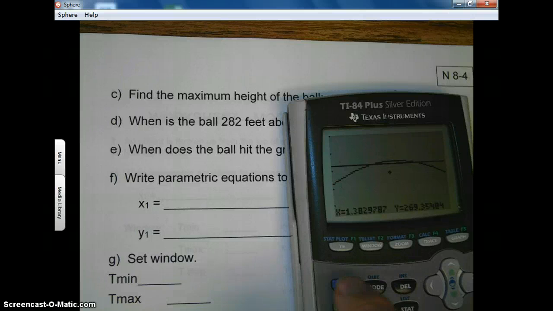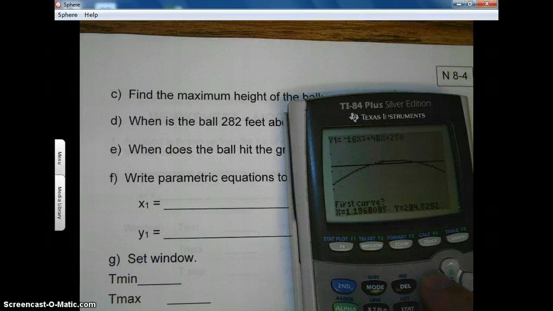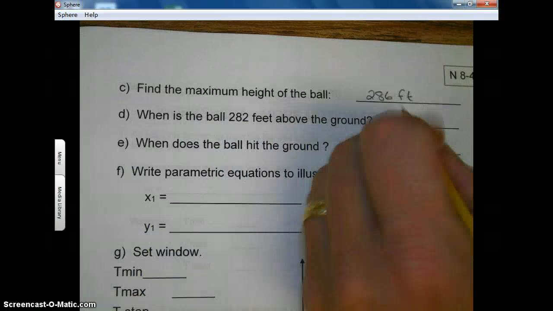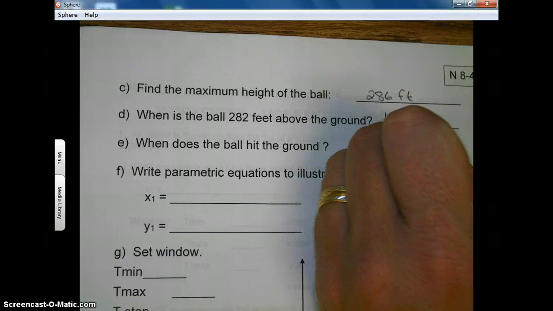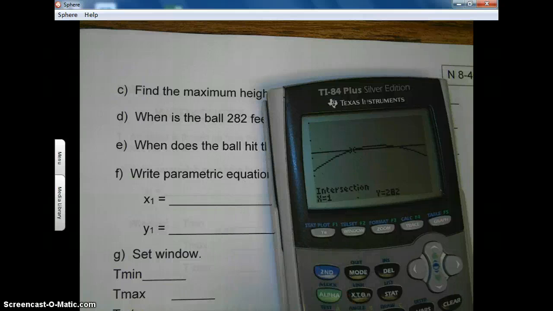Okay, we're going to do our intersection. Second trace, intersect. So this first curve on this side, go close to it. Enter, enter, enter. So when we're at 282 feet, x is equal to 1, so 1 second. That's on the way up.